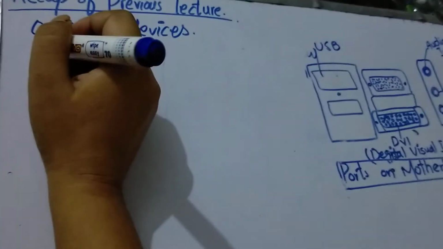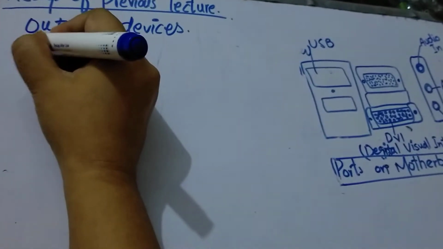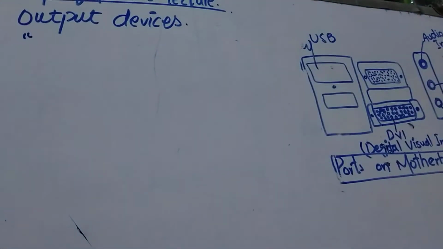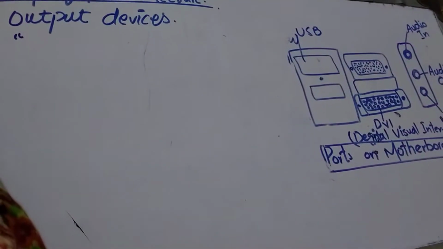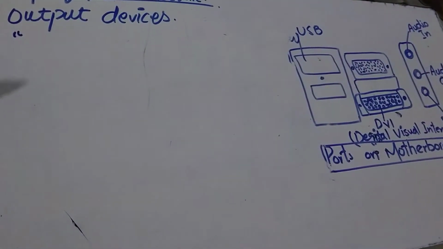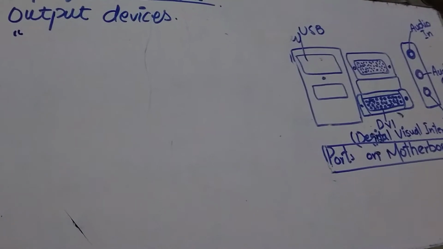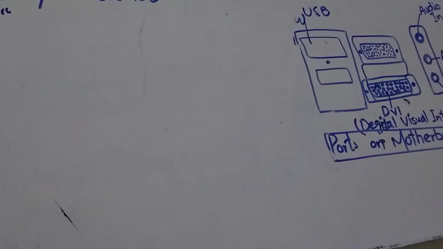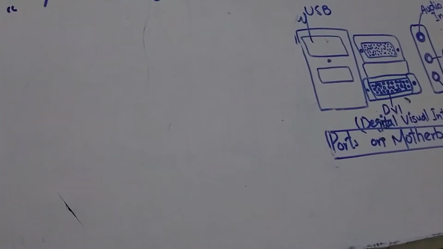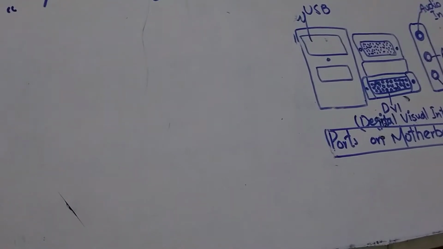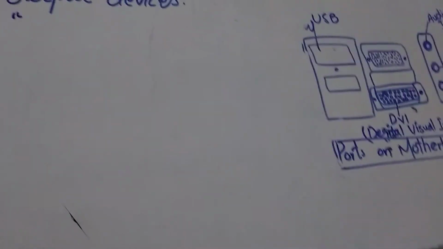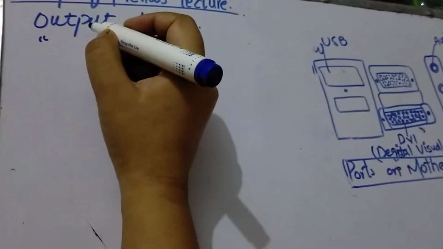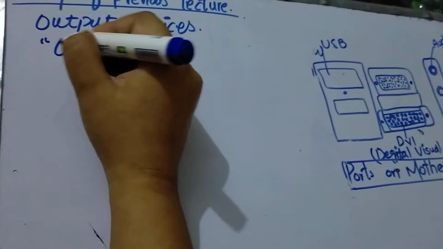How to define output devices? Output devices are used to display text, graphics, and images on the monitor or to print information on paper. I am writing the definition.